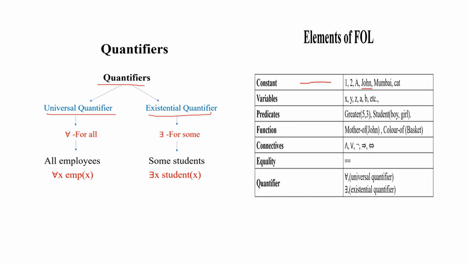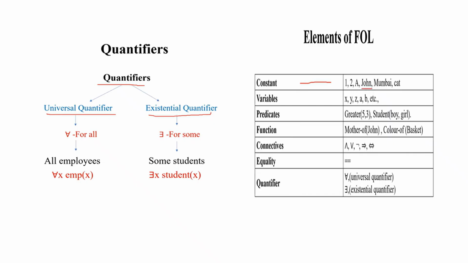For example, a constant can be a number, a character, a name or a location. Variables can be x, y, z, a, b, c and so on. A predicate is one statement stored with variables or numbers, for example greater(5, 3) or student(boy, girl). Student represents boys and girls, and greater represents 5 and 3, a numeric comparison. And functions, for example, the mother of Zan and the color of basket. These are the basic functions.